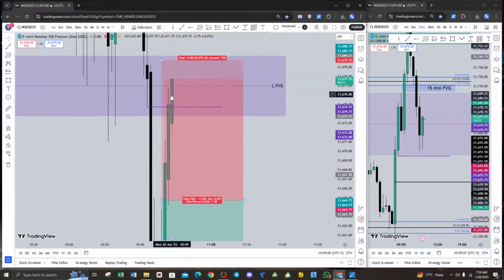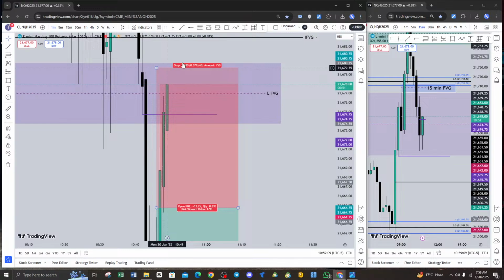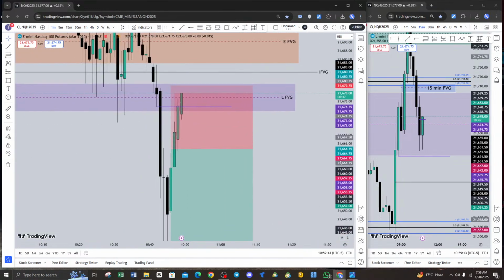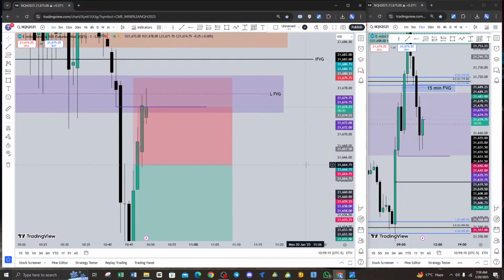Let's see if the very next candle closes below this or hits my stop loss. If the stop loss is hit, no problem, but I want to see that.